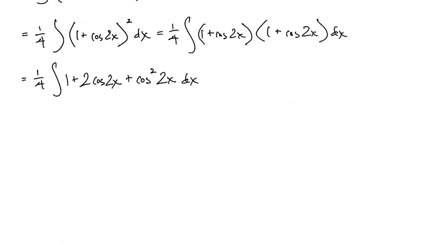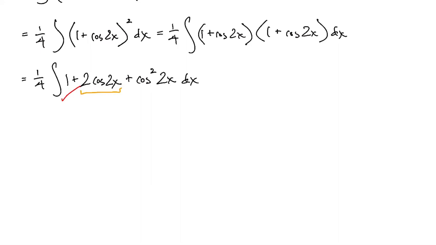Now, as I'm going through problems, I like to check, am I there yet? Is there anything else I need to do? Really that comes back to the question of, can I integrate what I see? So I look at this and I say, for 1, I can integrate 1. The integral of 1 is going to be x. That is totally fine.